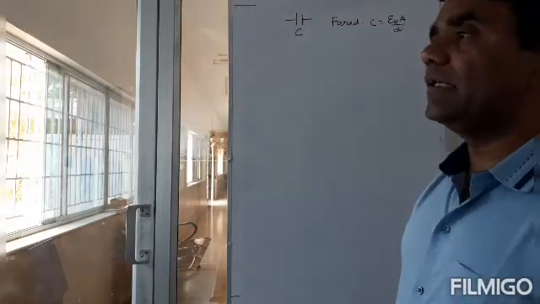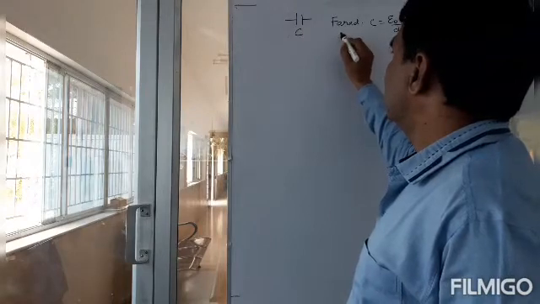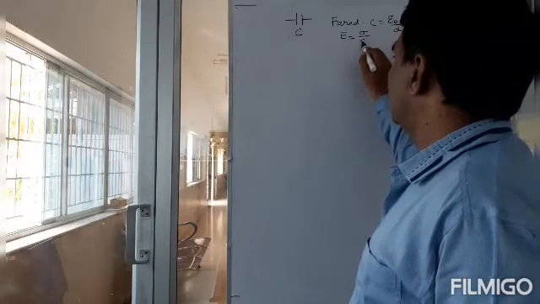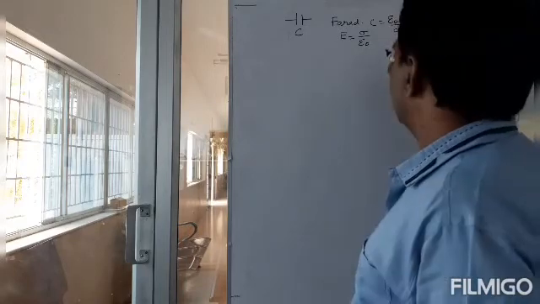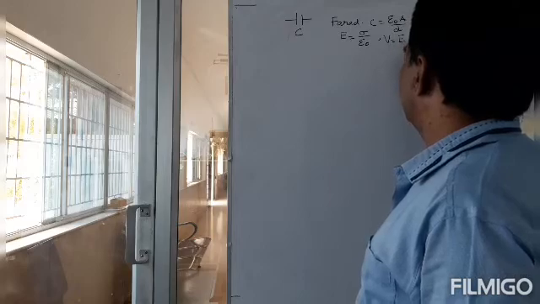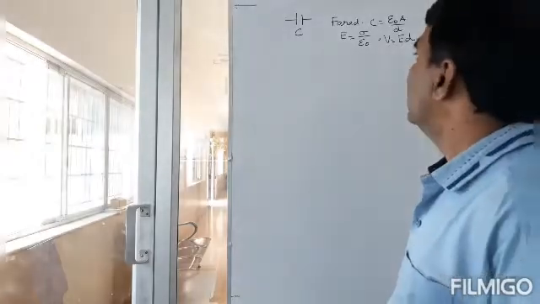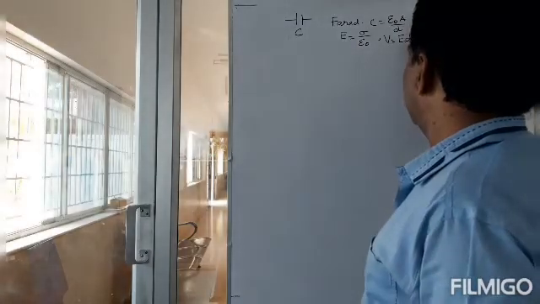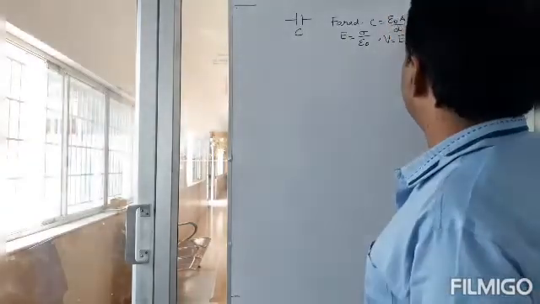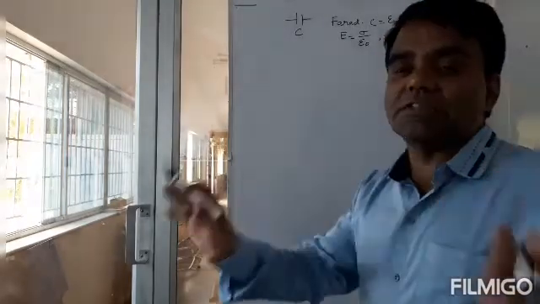We also know that the field inside the capacitor is sigma by epsilon naught, and the voltage is E into d, the distance of separation. The basic definition of capacitance is simply C equals Q by V. All this we have already covered.